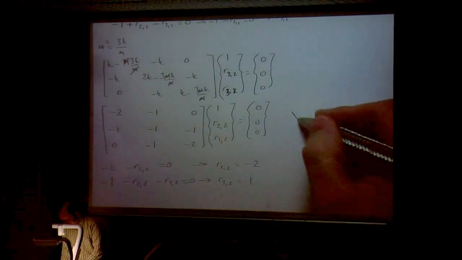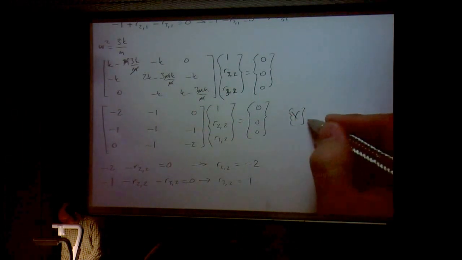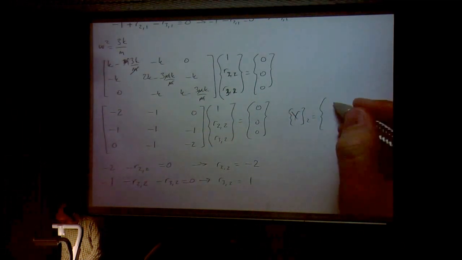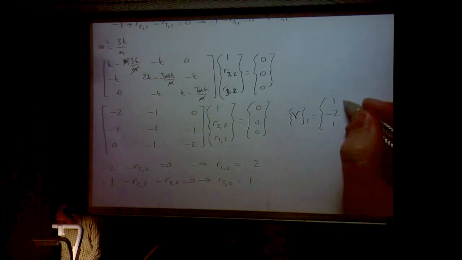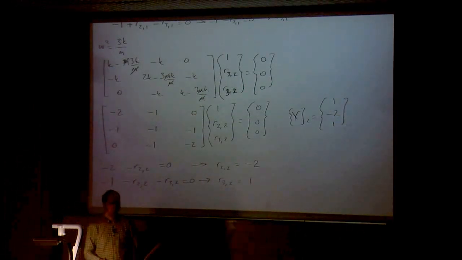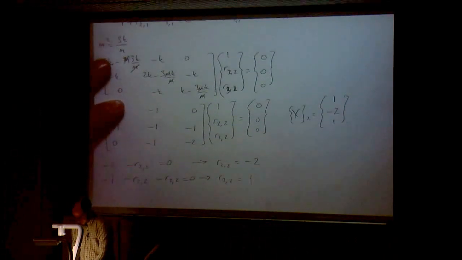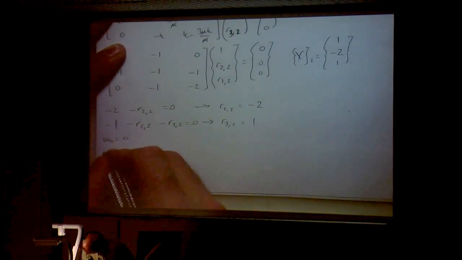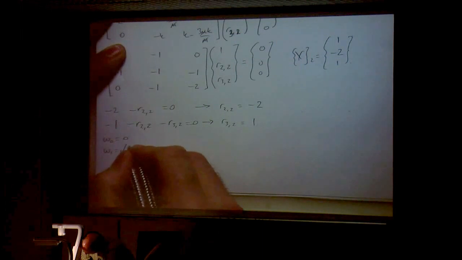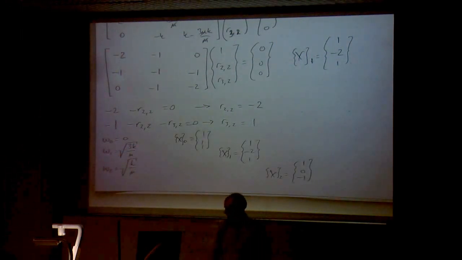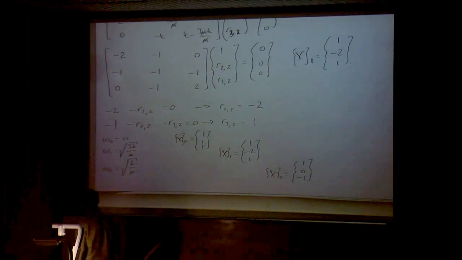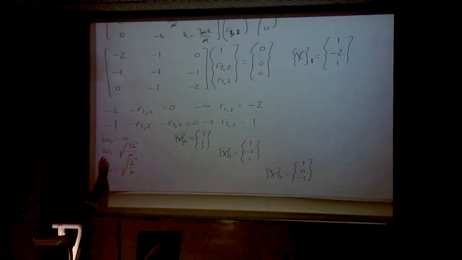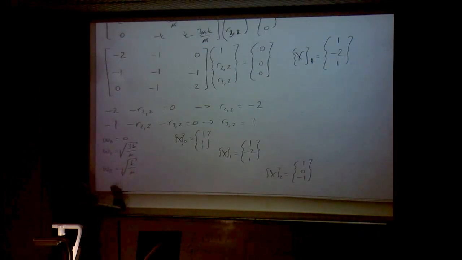So we've got our 0th frequency is 0, omega 1 we said is 3k upon m, and omega 2 we said is k upon m, okay?